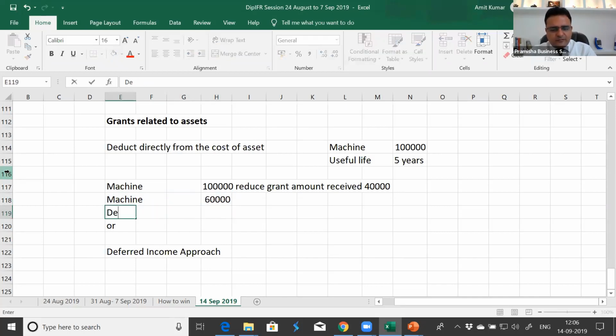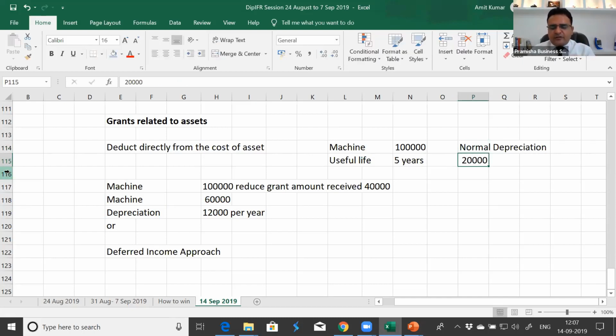Depreciation on it will be 12,000 per year. Normal depreciation would have been 20,000. But this is not allowing us to track the depreciation. So some accountants were of the opinion that this is not a fairer presentation.